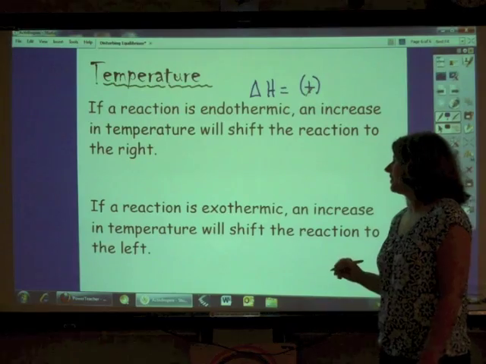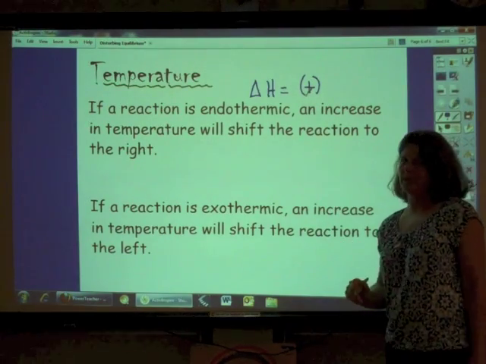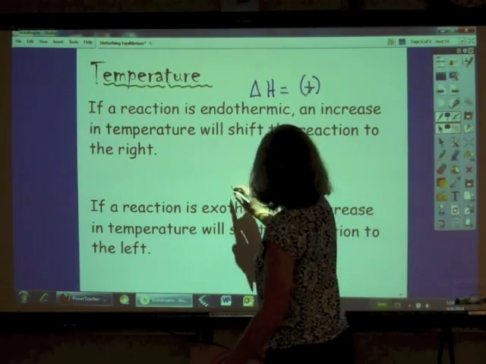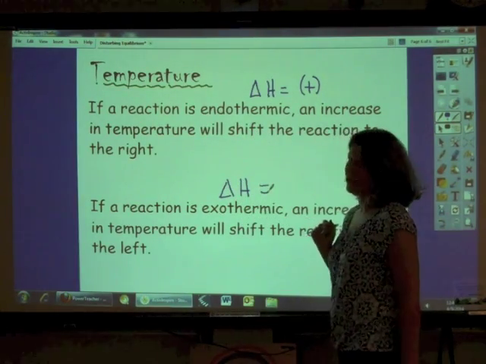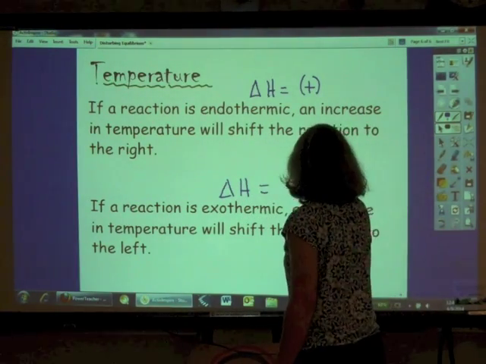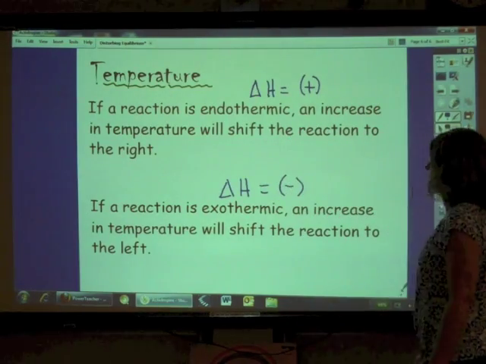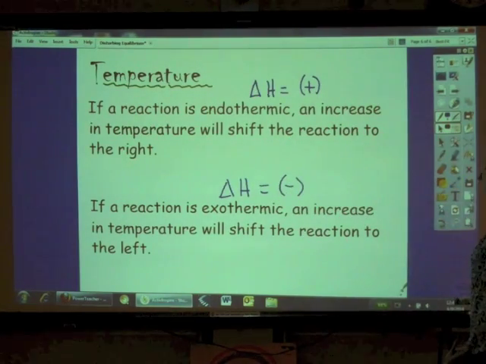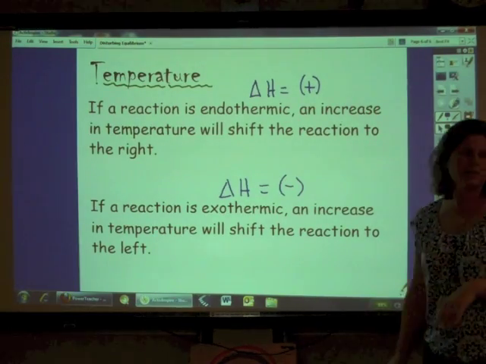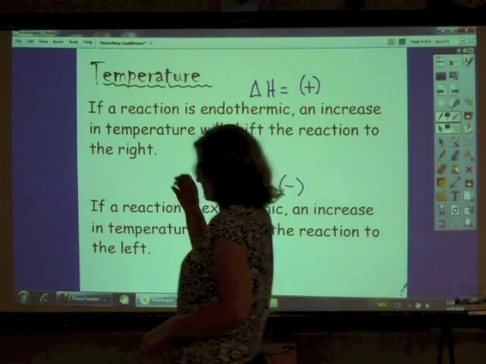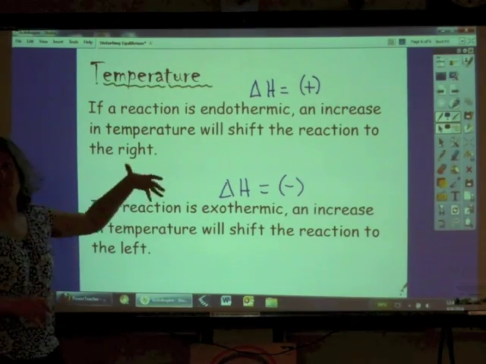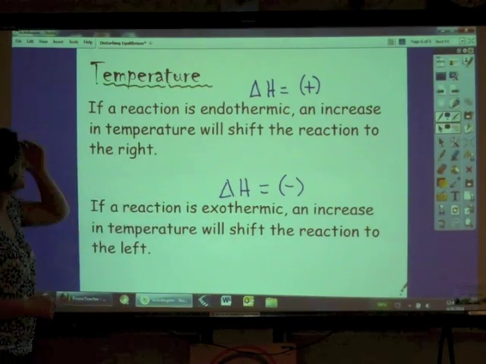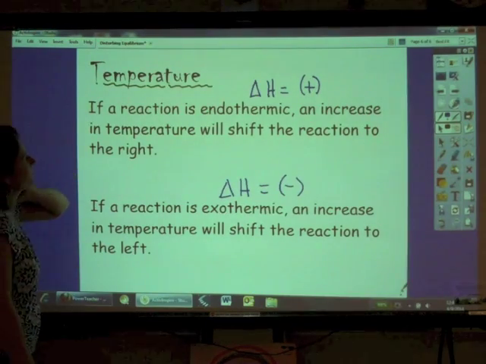If a reaction is exothermic, delta H is negative. An increase in temperature will shift the reaction to the left. Okay, so let's think about this for a minute. And, of course, vice versa, the opposite is true as well.